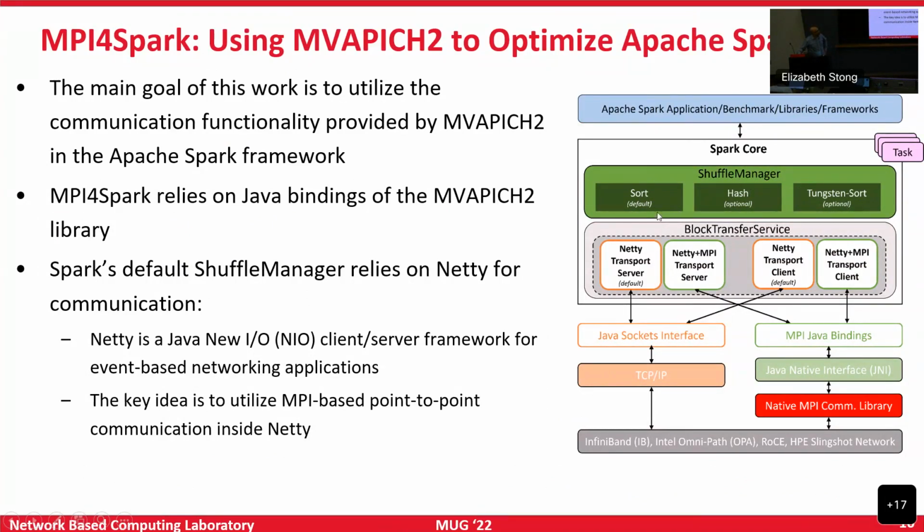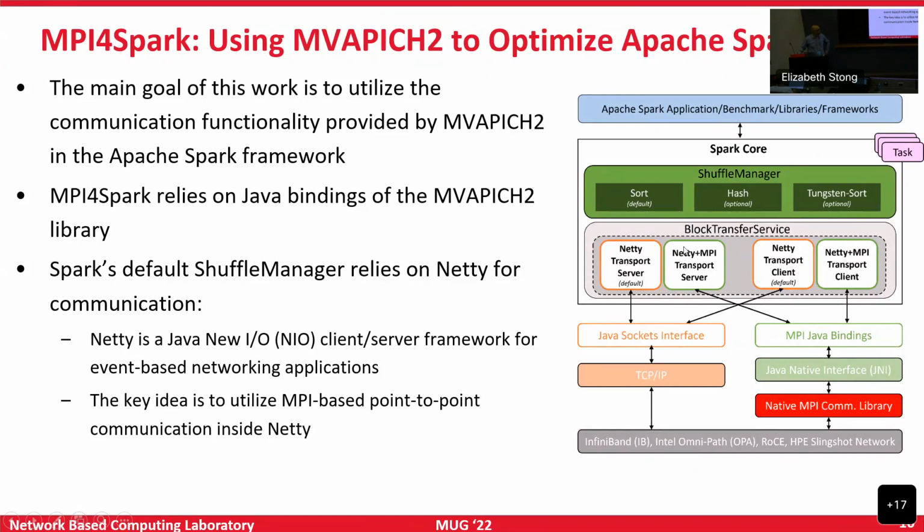But inside each shuffle manager, we have these block transfer services, right? Basically, the default shuffle manager, which is sort, uses this Netty transport service. If you look at these orange boxes here, this is the Netty server, and this is the Netty client. These are the two default ones, and they rely on the Java sockets interface, go over TCP, and whatever network is available.